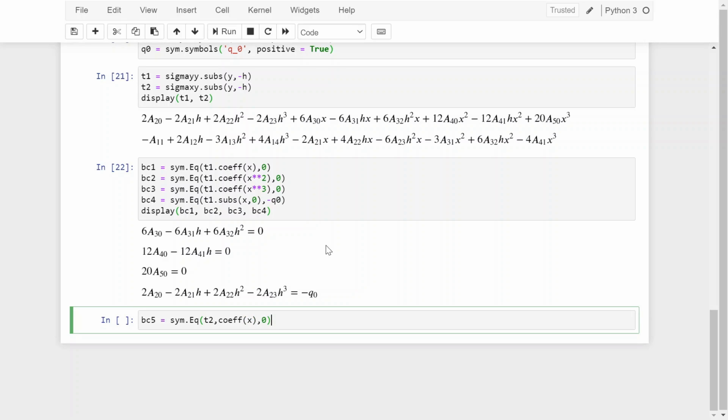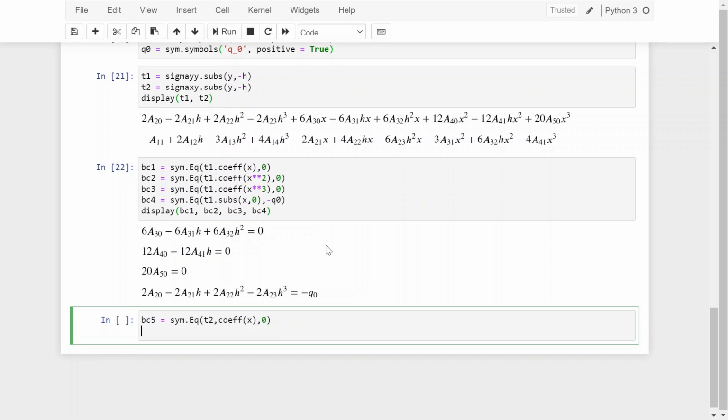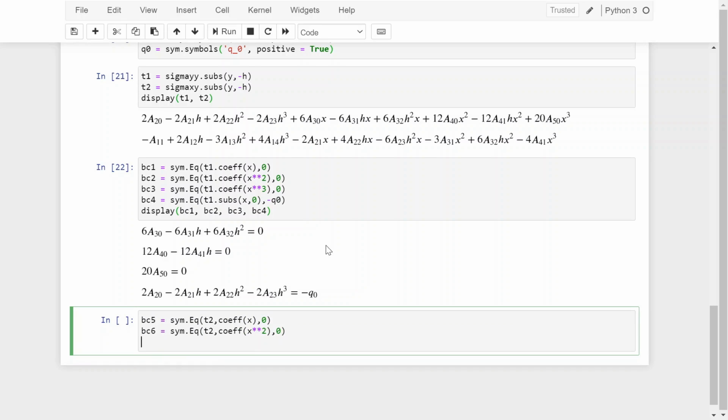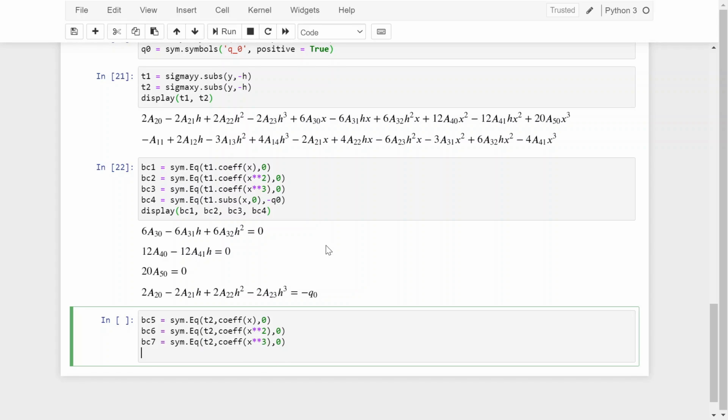And let me just quicken things up a little bit by using copy paste. So again, coefficient of x squared set to 0. Next, coefficient of x cubed set to 0. That will be the third part of my second boundary condition. And finally, all the constant terms here must be set to 0.